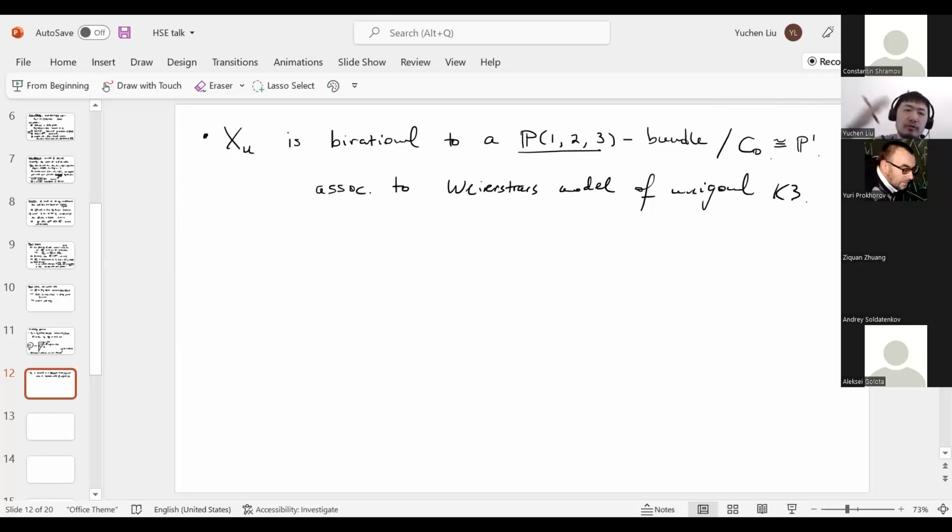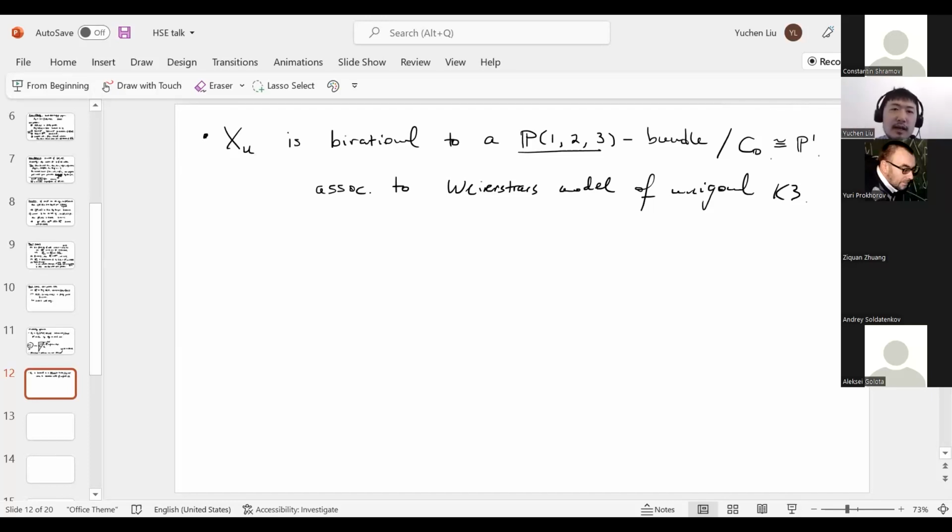But this P(1,2,3) bundle is not exactly the degeneration of P3. So what you need to do is first blow up some curve, some section inside this bundle, and then you contract a divisor.